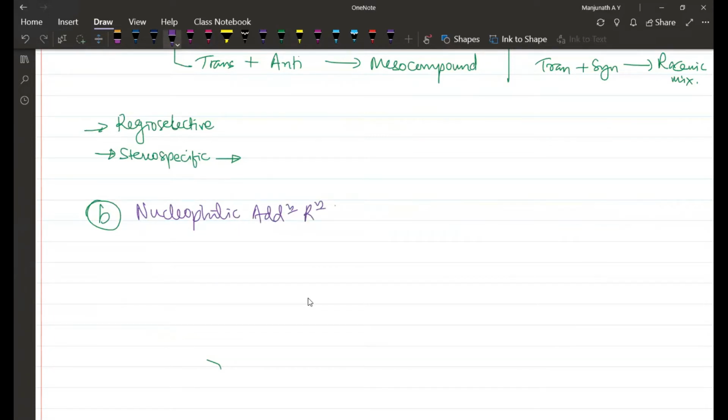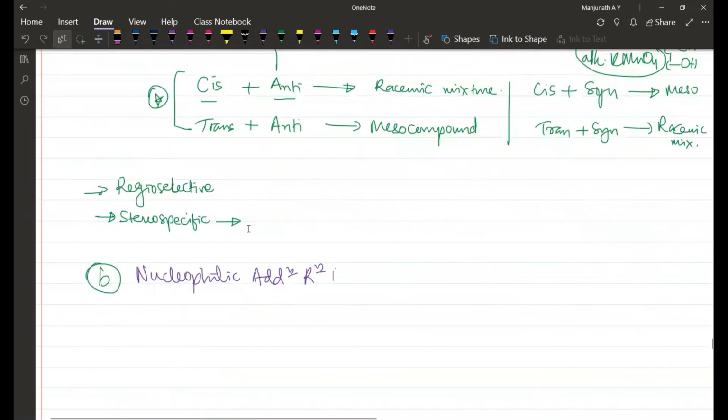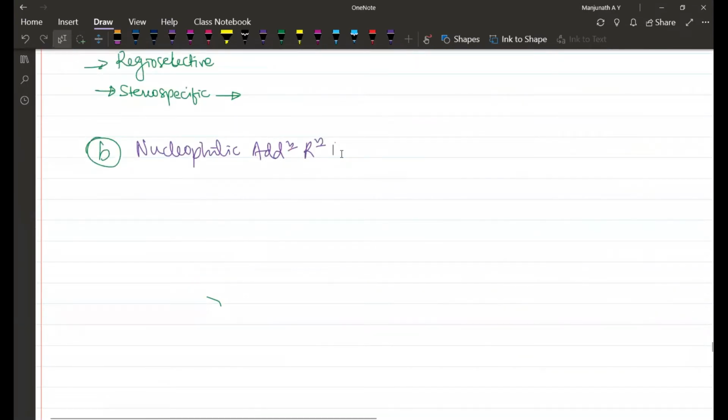How it is different from electrophilic addition is, in electrophilic addition we have seen one product is formed from two reactants. In nucleophilic addition, most often you get either one product, or two products are also possible. If it is a two product reaction, then it will be addition elimination type. So I will discuss both, so you can make note of this.